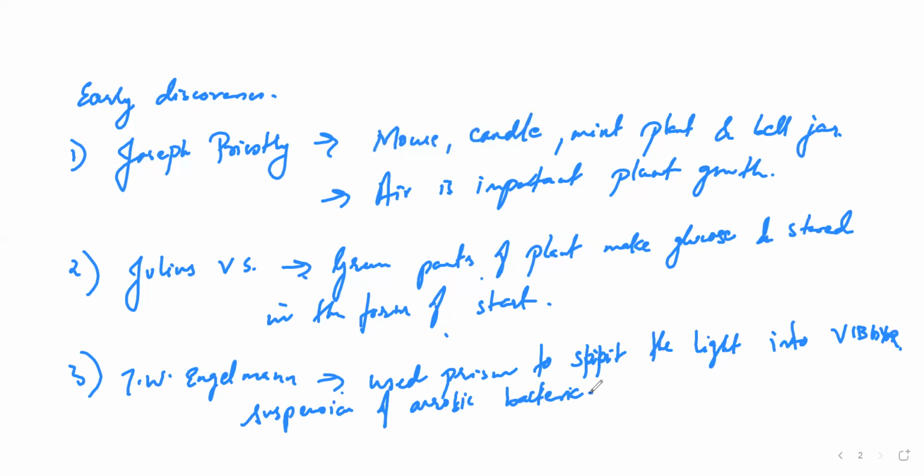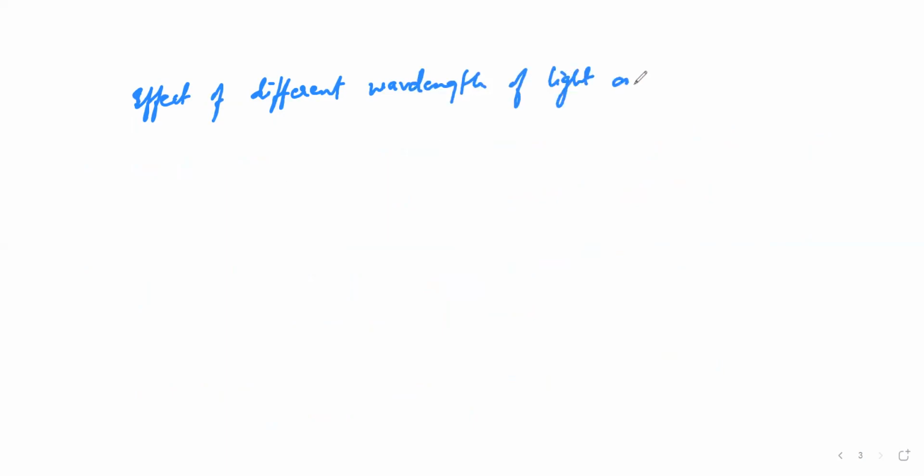He found that the bacteria accumulated in the blue and red light spectrum. So according to him, different wavelengths of light also have an effect on photosynthesis. Okay, so the effect of different wavelengths of light on photosynthesis.